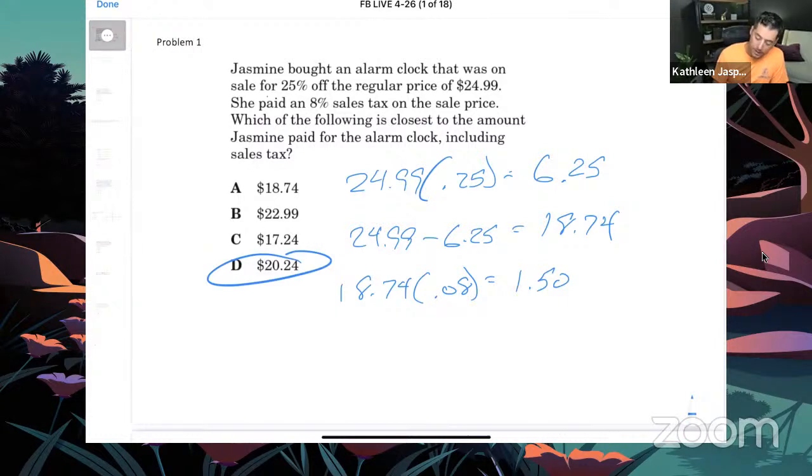And then now you take $18.74 plus $1.50, and I'll bet you get the same thing I just did, $20.24. So it's all a matter of when I do it with the 100% and then taking away and adding, I'm eliminating this step here and this step here, because 125% got me this number in one step.